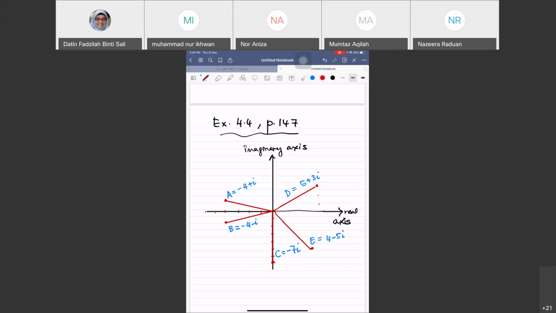You have 1 2 3 4 5, and you have your straight line there. So that is F, which is 5. Basically that's how we plot a complex number.